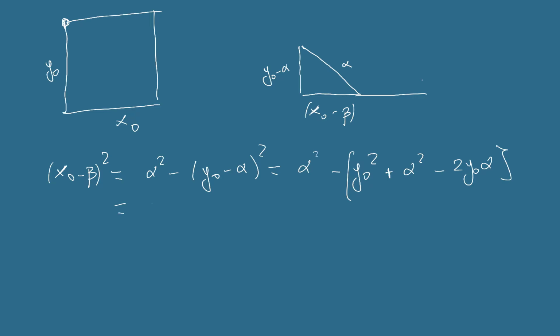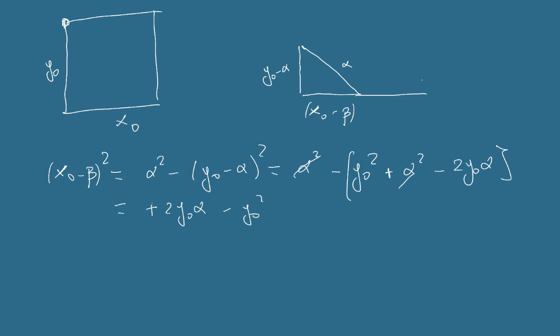So this side is alpha squared, and alpha squared will cancel. This minus will be a positive one, 2 times y0 alpha, and minus y0 squared.